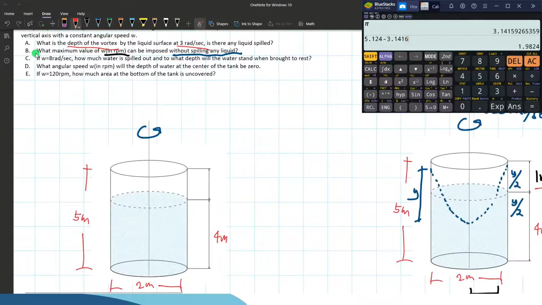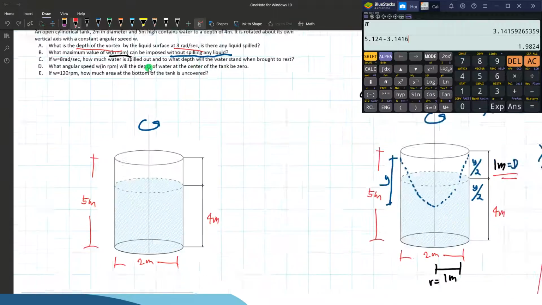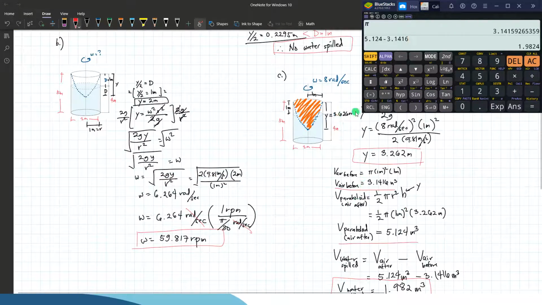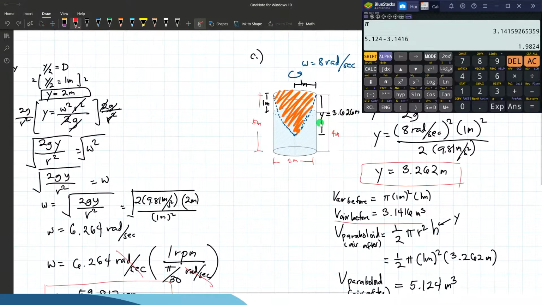For letter D, what angular speed in RPM will the depth of water at the center of the tank be 0? So here on letter C, 3.262 is less than the total depth, which is 5 meters.